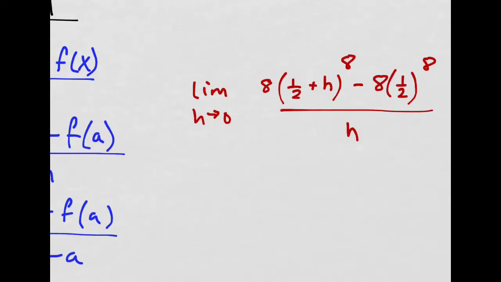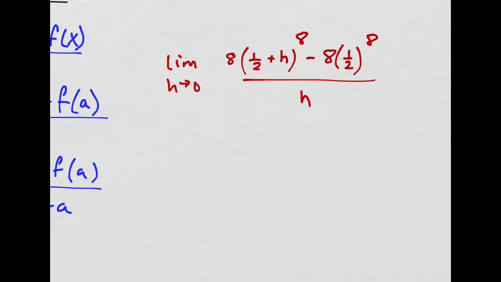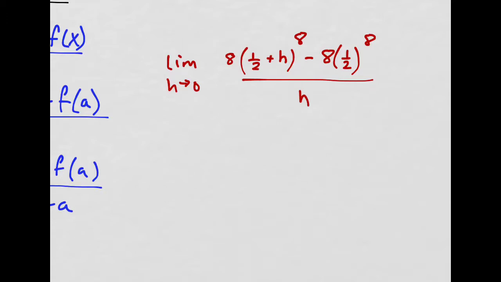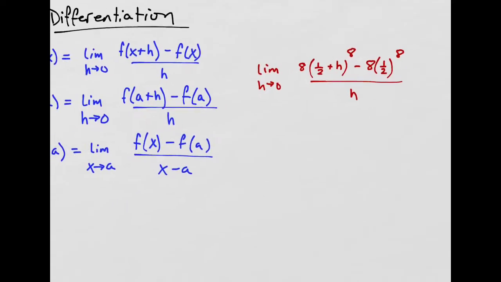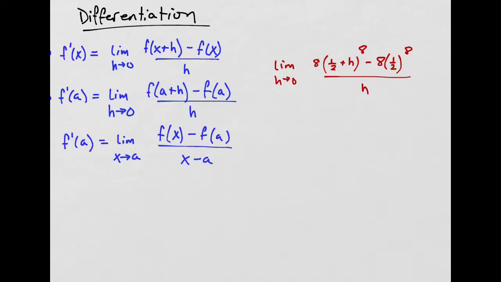Wait, it'd be plus h. So if I had something like this, I think this was on a review, and I'm trying to find this limit, this is the difference quotient, and it's this. We're taking the limit of that. That means it's the derivative of something. So what is that something?